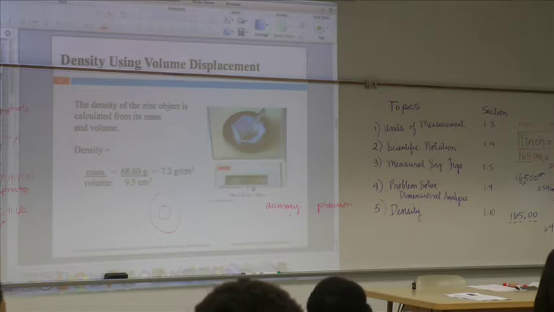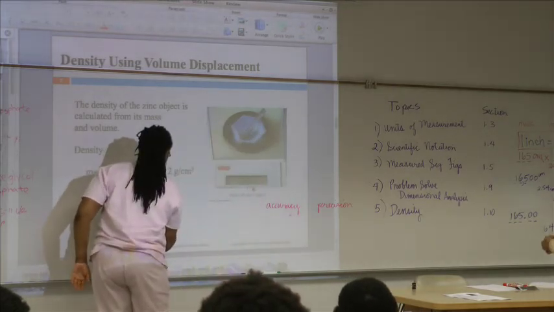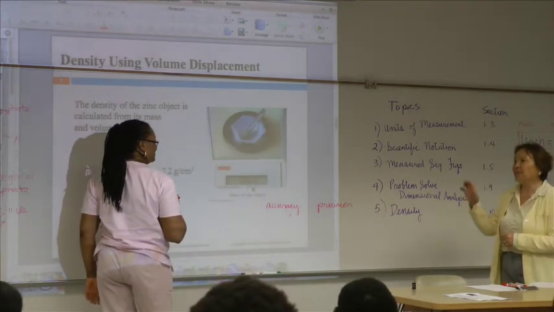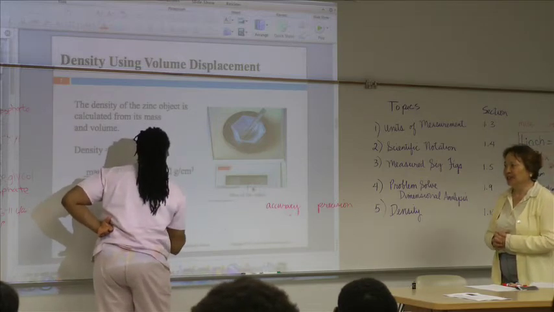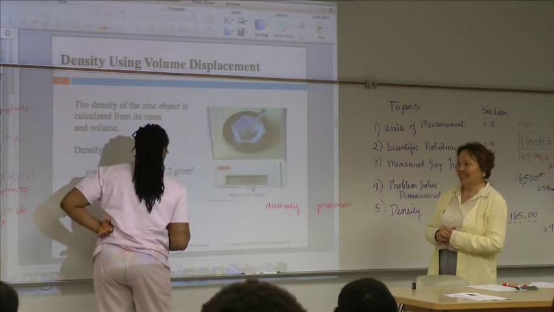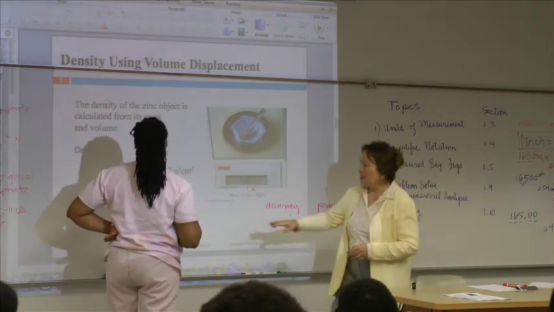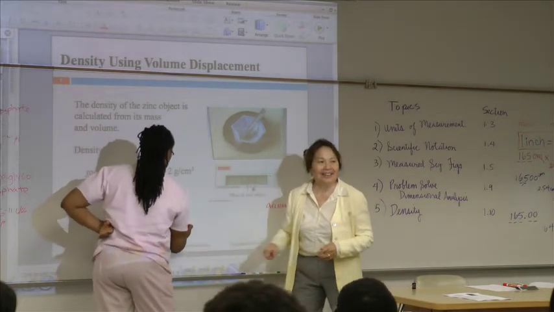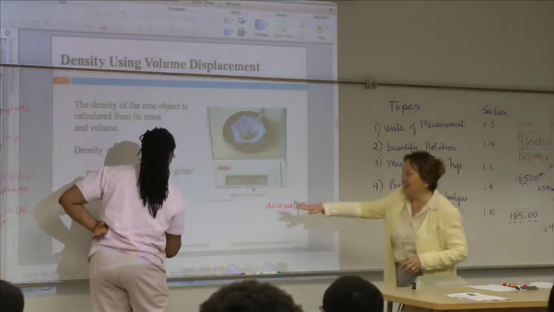That means she has good eye-hand coordination. Where do you want to get it? Bullseye. Sometimes you get it here. Sometimes I get it out here, so draw one.